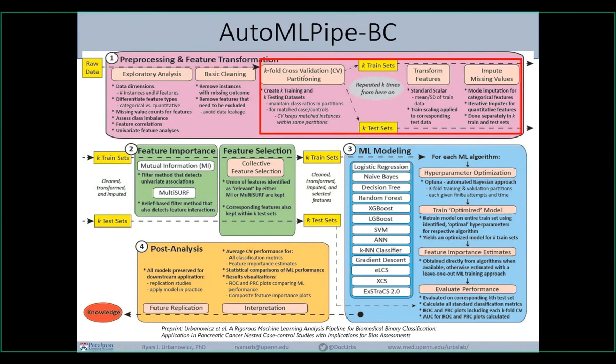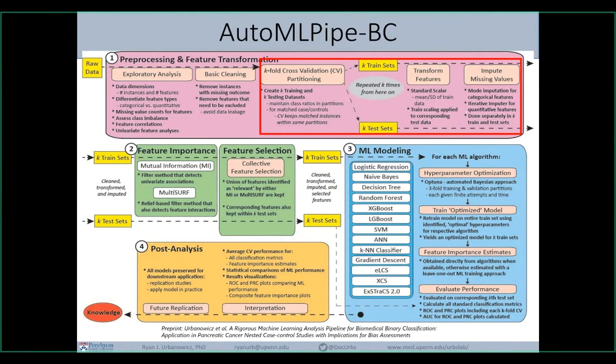This phase also includes transformation of features. The pipeline automatically applies a standard scaler, and this is important for machine learning methods like logistic regression or artificial neural networks to get the variables within a standard scale. Next, we apply data imputation if there's any missing data in the data set.